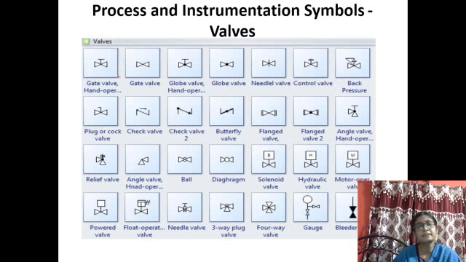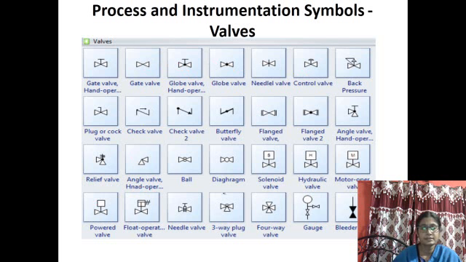These are the process and instrumentation symbols for different valves. This is for a gate valve, this is for a globe valve. The difference is only that there is a dot. This is hand operated and this is auto operated. Needle valve.